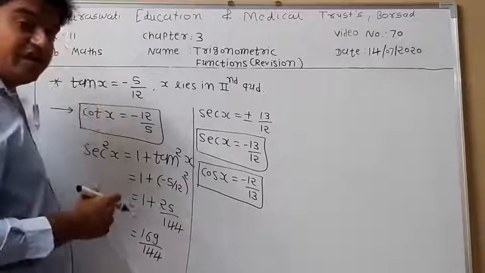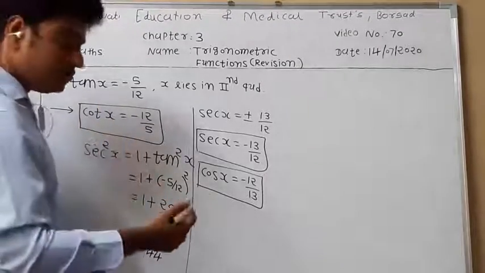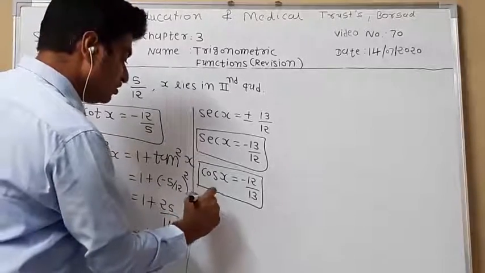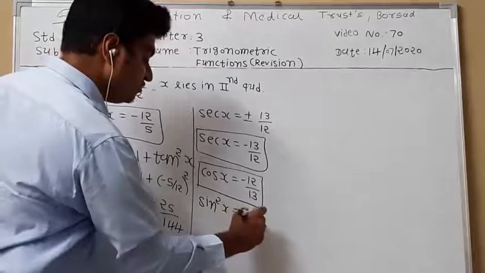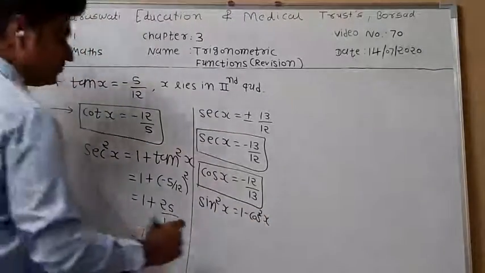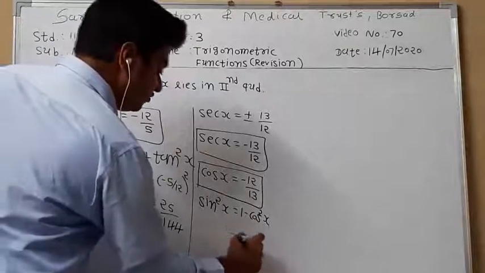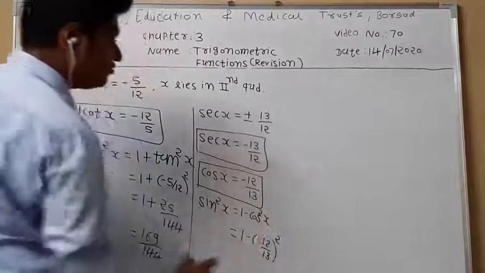So we know the relation sin square x is equal to 1 minus cos square x. So here we can write sin square x is equal to 1 minus (12 upon 13) whole square.